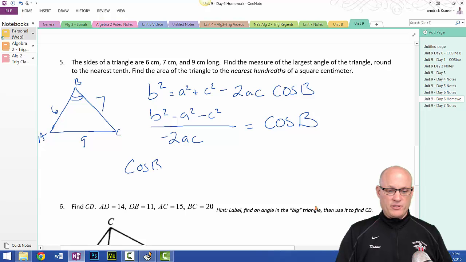Cosine of B equals 9 squared minus 6 squared minus 7 squared all over negative 2 times 6 times 7.